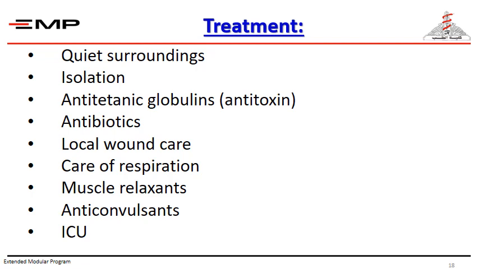Treatment of an infected tetanus case should include putting the patient in quiet surroundings to prevent provocation of the tetanic fits, isolation of course not to infect other patients, anti-tetanic globulin, which is the antitoxin, antibiotics, local wound care, and care of respiration to avoid problems affecting the diaphragm, and of course muscle relaxants, although they are not very effective.